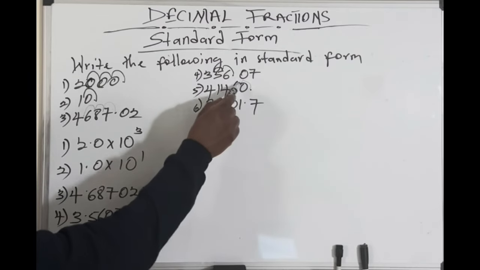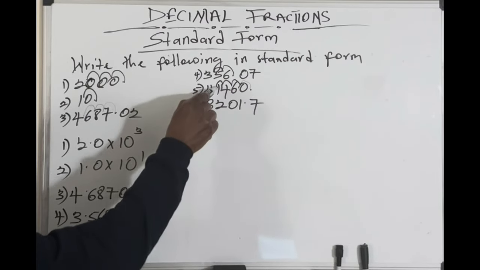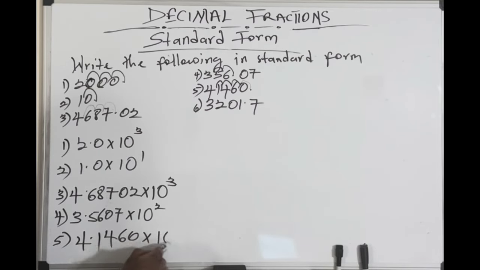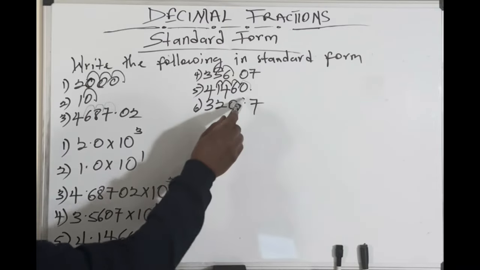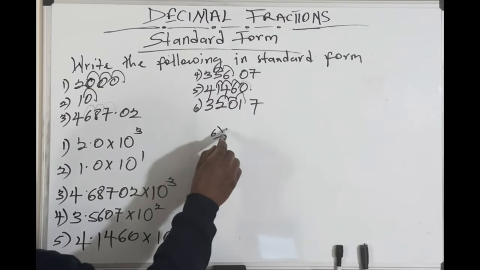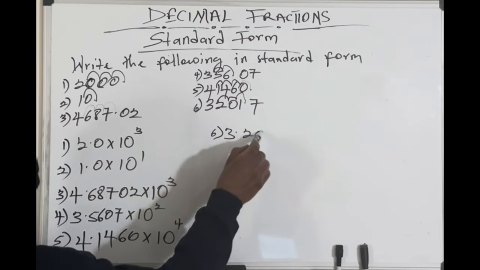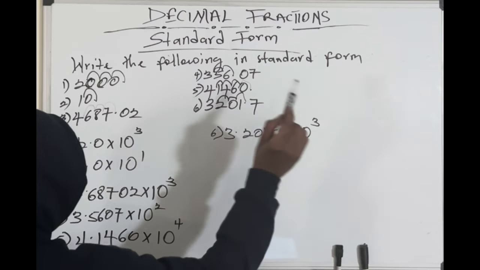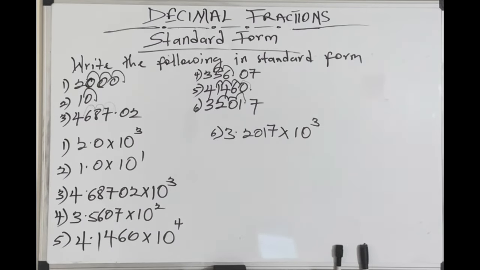Move 1, 2, 3, 4. So 4.1460 times 10 raised to the power 4. And then the last one will be 1, 2, 3. So we have 3.2017 times 10 raised to the power 3. Very easy.